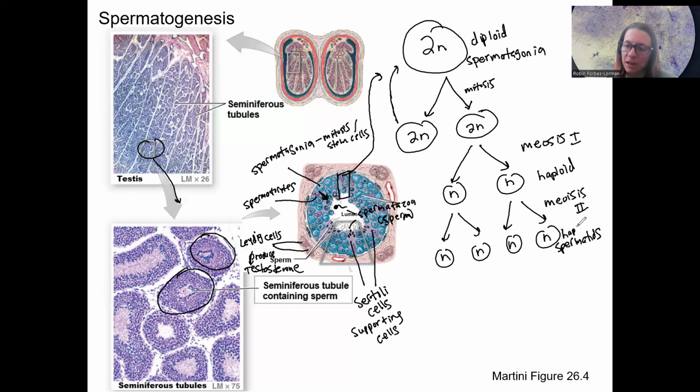These haploid cells are at this point called spermatocytes. The spermatids develop a little bit further, don't divide anymore, but further develop and grow tails. These are our spermatozoa.